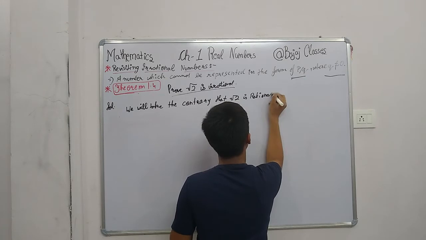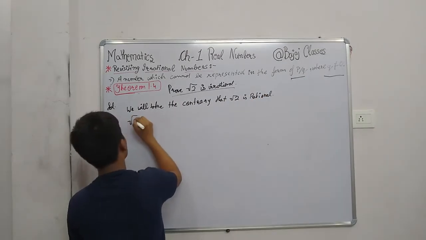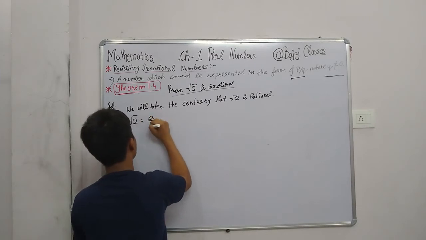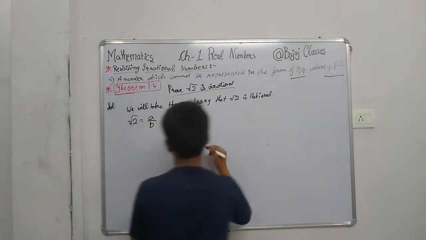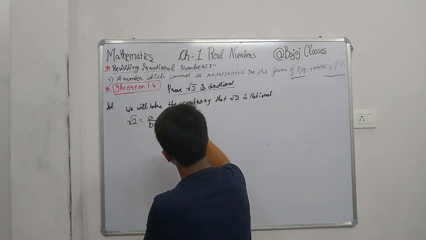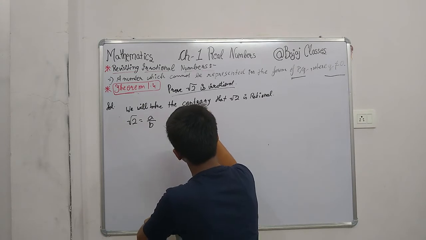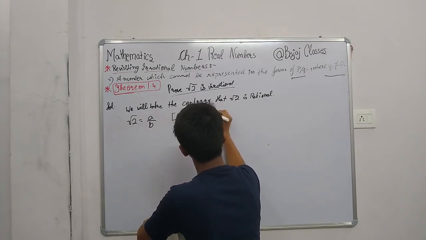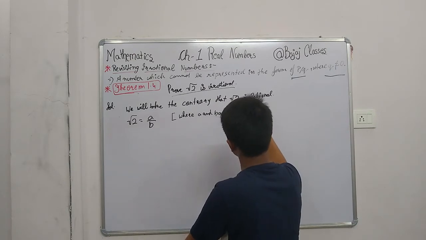So if we take that under root 2 is rational, then under root 2 equals a by b, where a and b are co-primes.